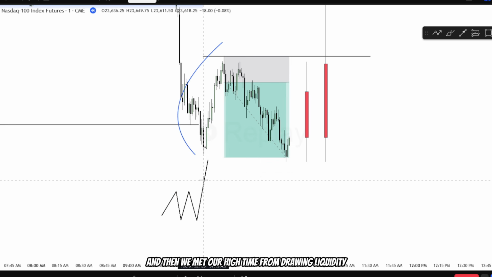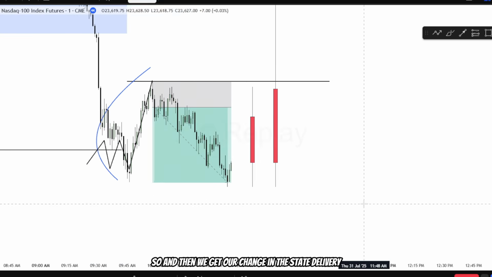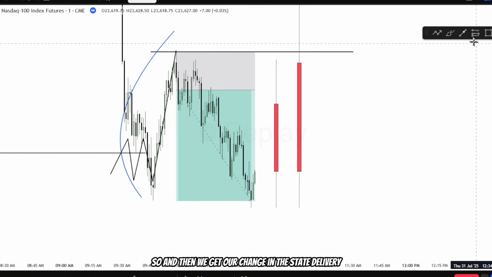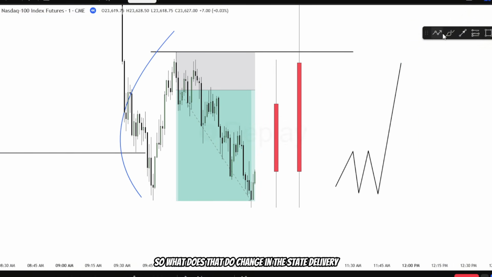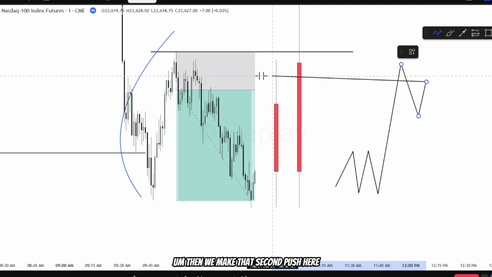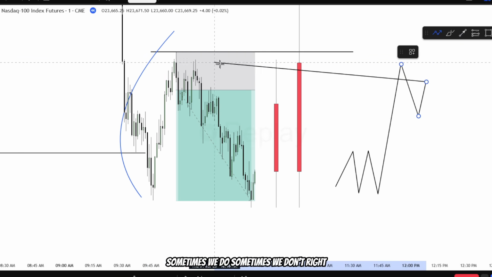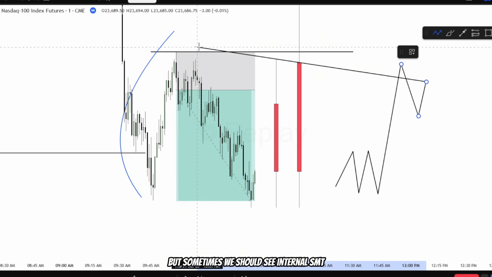And then we met our higher time frame drawn liquidity after one expansion, right? And then we get our change in the state of delivery. So what does that do? Change in the state of delivery above the last down close candle. Then we make that second push here. Ideally, we create internal SMT. Sometimes we do, sometimes we don't, right? But sometimes we should see internal SMT.